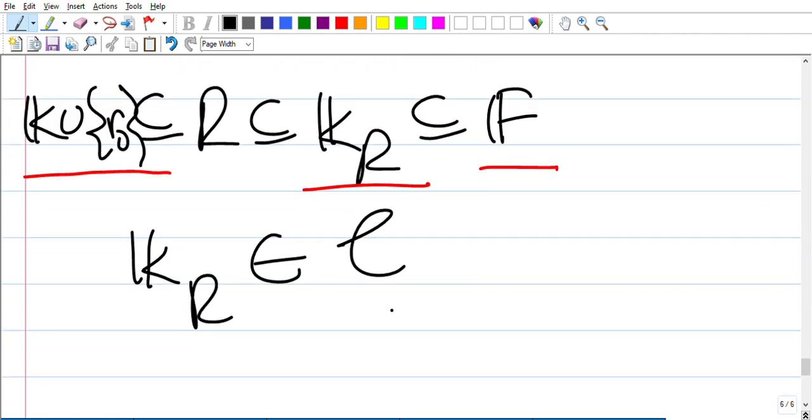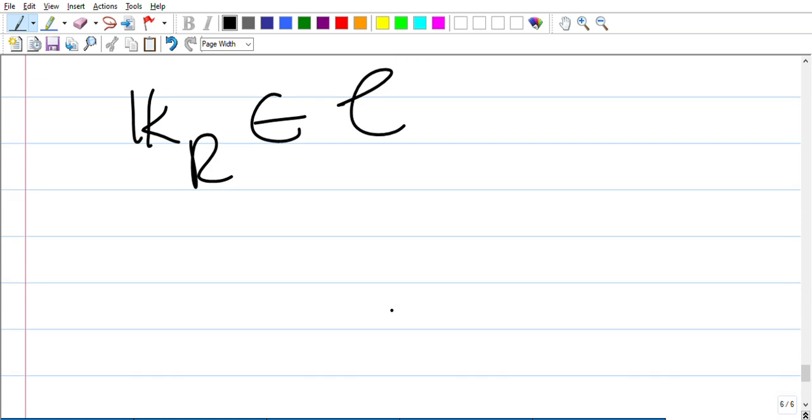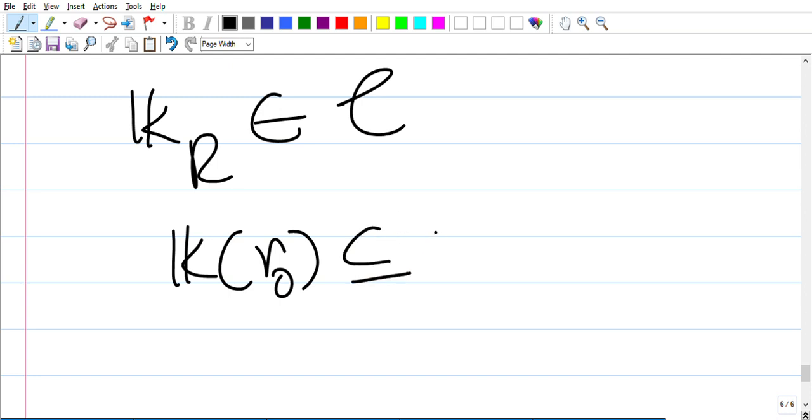In that case, the subfield of F obtained by attaching R naught to K is contained in K_R.